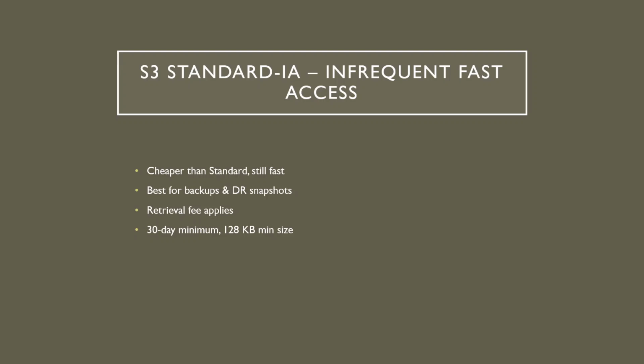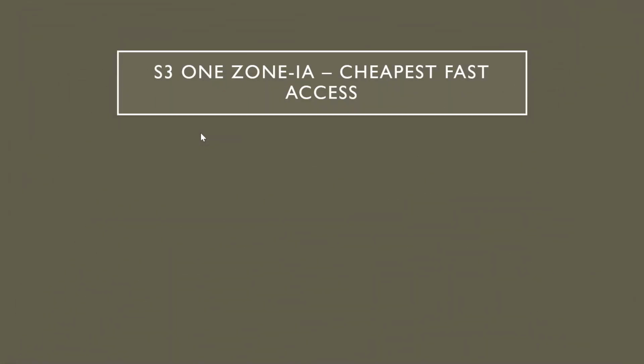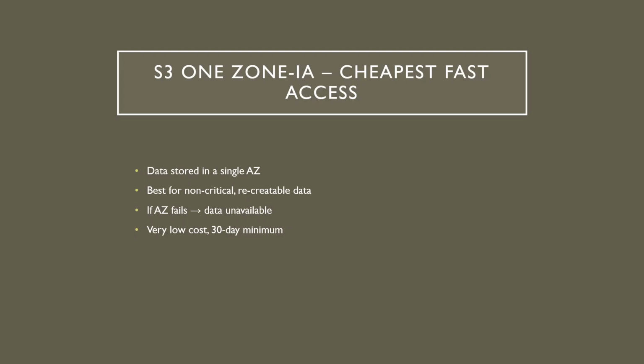Now next class we'll see S3 One Zone IA. This is the cheapest with fast access. It is the same as Standard IA, but stored in only one availability zone. Note this point. It is stored in one availability zone. So here data is stored in a single availability zone, best for non-critical data, re-creatable data, and temporary files.